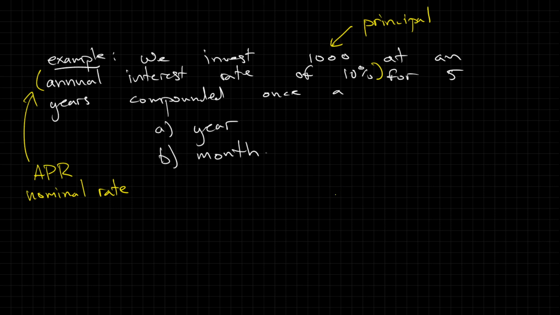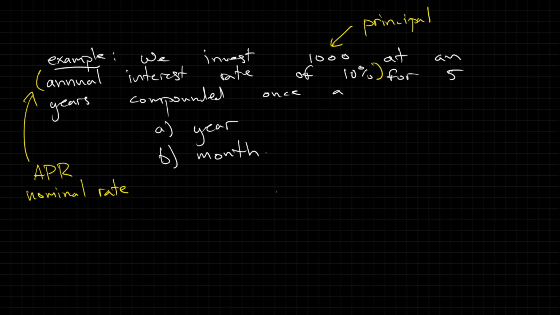And what I want to explain is, what does it mean to be compounded yearly, once a year, and once a month? That is, what's actually happening to my money. After we explain what's happening to the money, we'll write down a formula and we'll use applications of the formula.